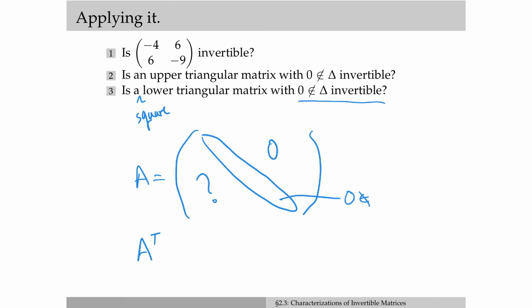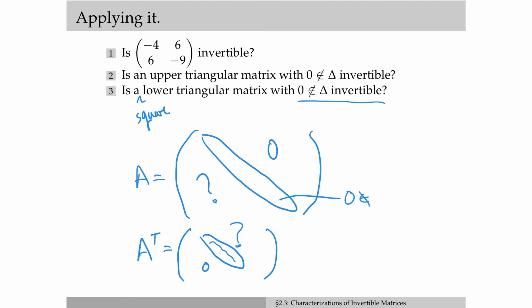If I think about A transpose, what is the structure of A transpose? Well, the transpose of a lower triangular matrix is going to be an upper triangular matrix. And it fixes the diagonal, so I do not introduce any zeros to our diagonal.